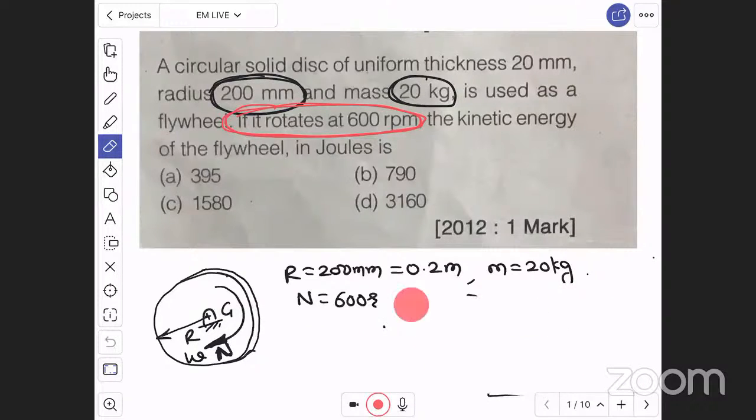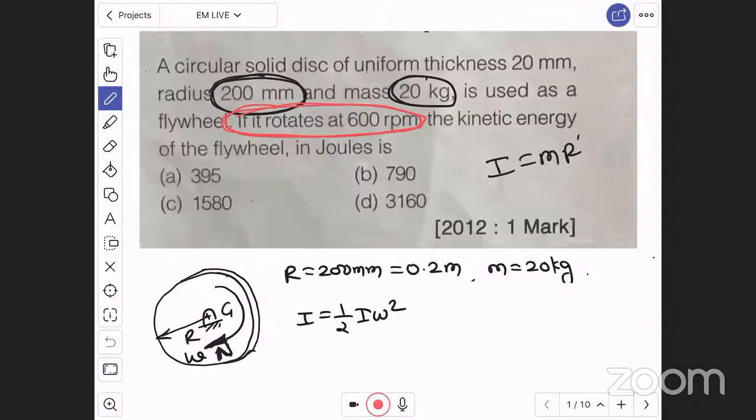Kinetic energy is 1/2 I omega square. For a solid disk, we know that I about G, that is center of gravity, is mr square by 2.